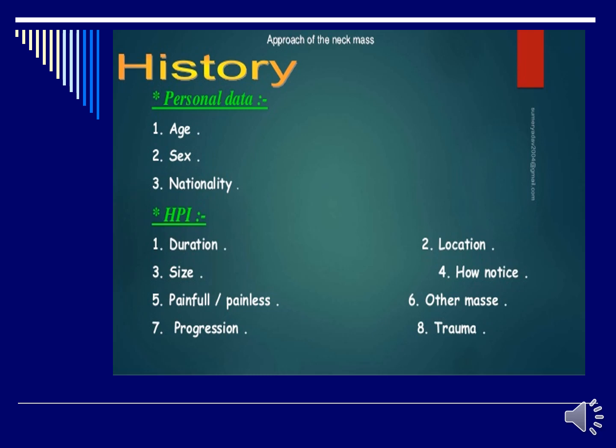Painful or painless? Painful goes more with inflammation rather than tumor. A painless mass, we have to keep in mind a tumor, either benign, malignant, or congenital.